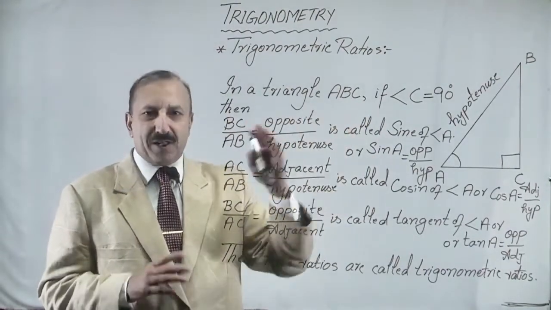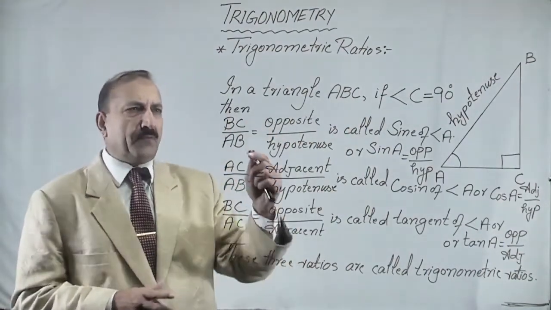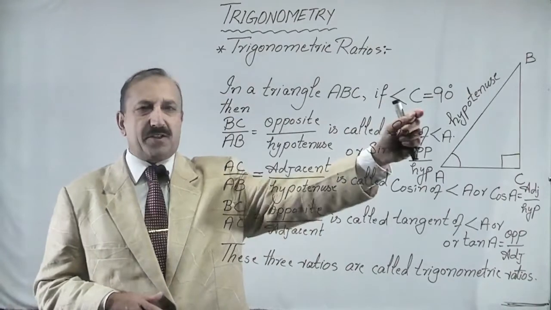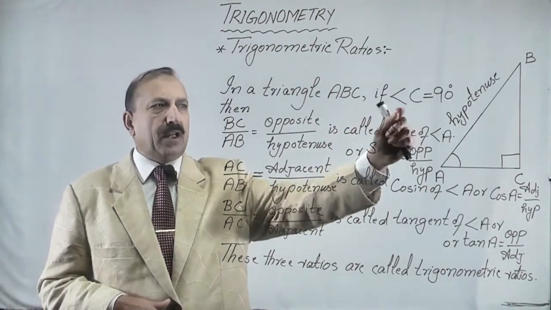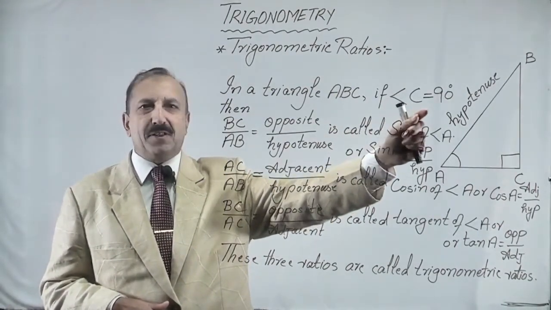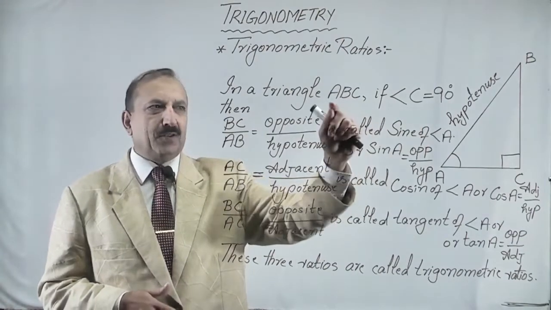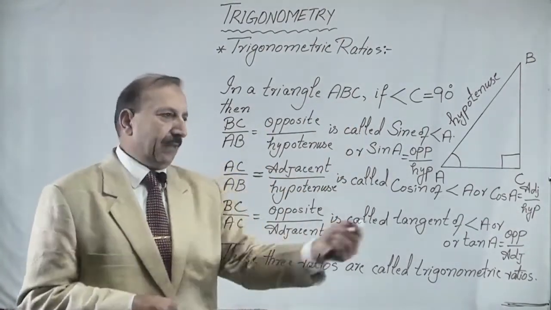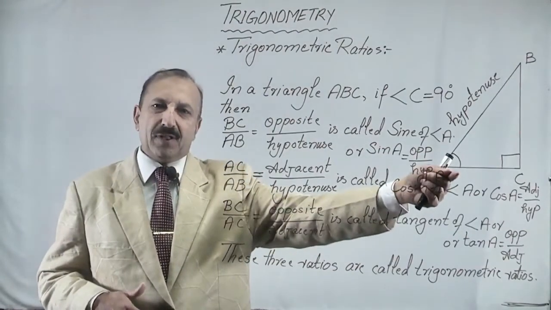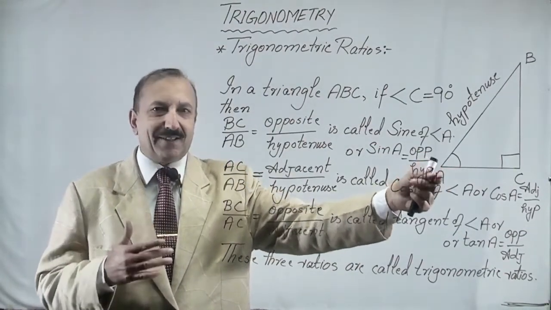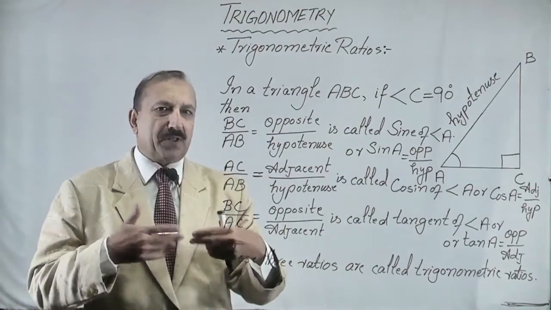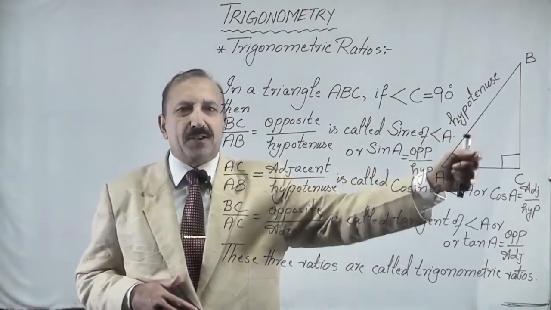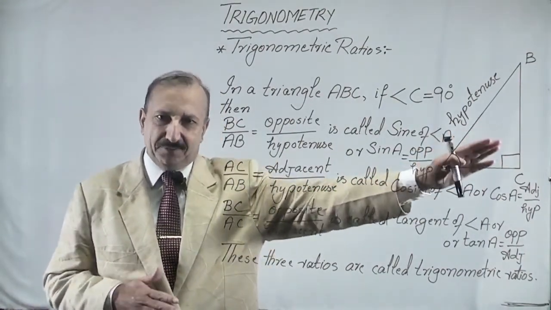So in this triangle the condition is that there is a right angle, like here I have mentioned that angle C is 90 degrees in the triangle ABC. Then what will happen? I have labeled angle A here first, and according to this angle I'm going to develop the ratios of the sides of this right angle triangle.